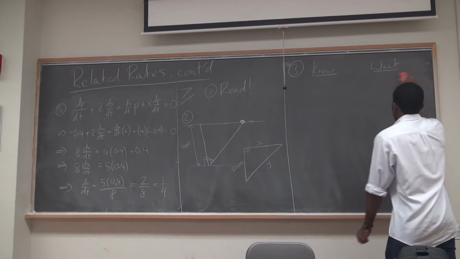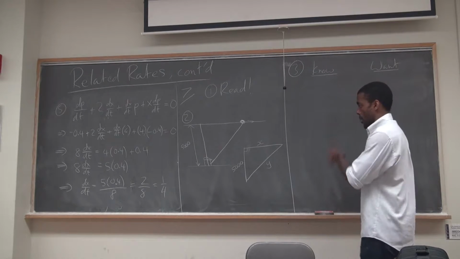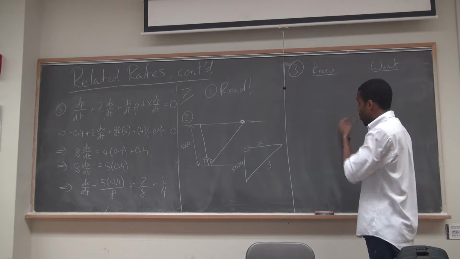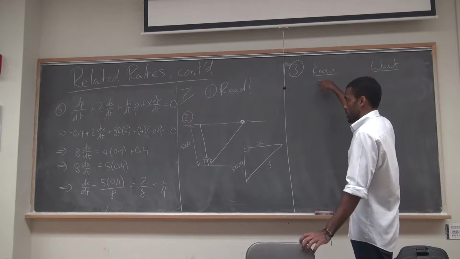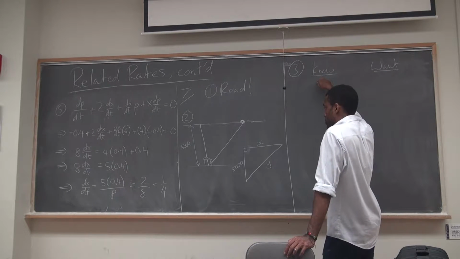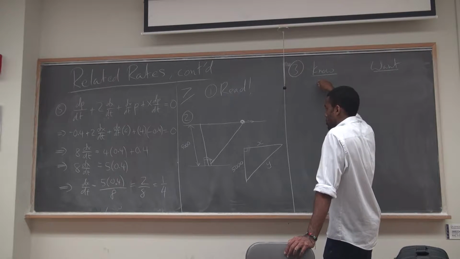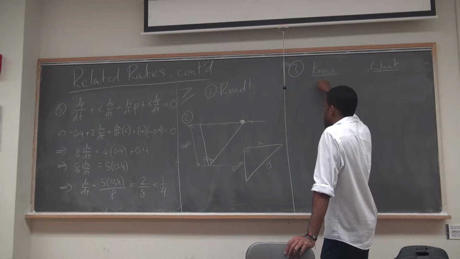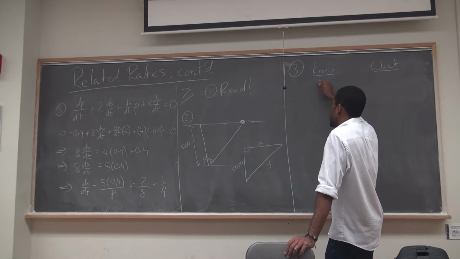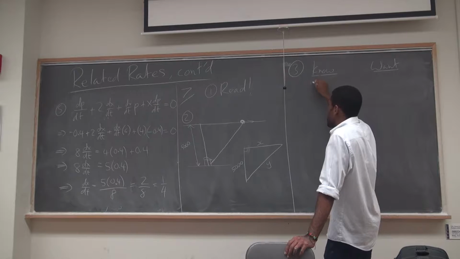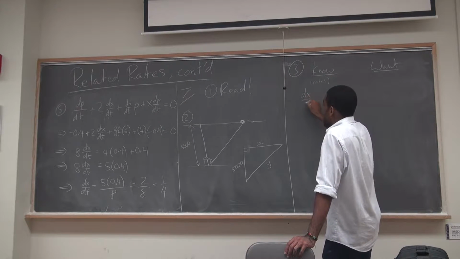What do I know? What do I want to find? Usually when we talk about what we know, we're talking about it in terms of rates. I know how fast Superman is flying.